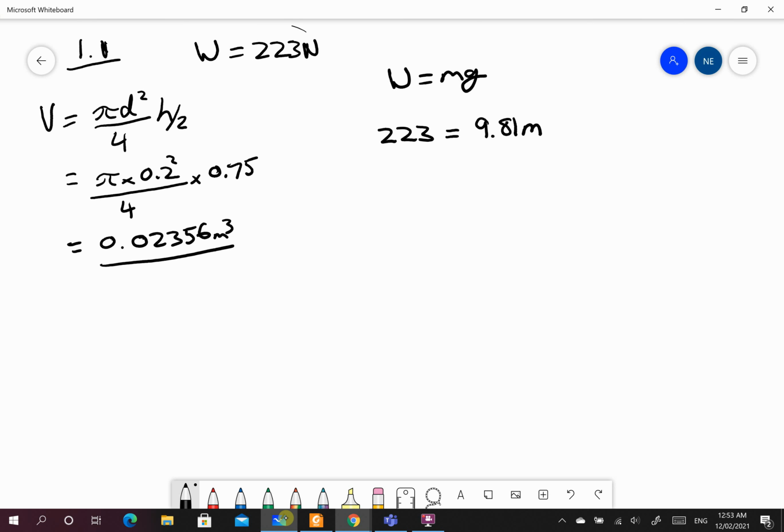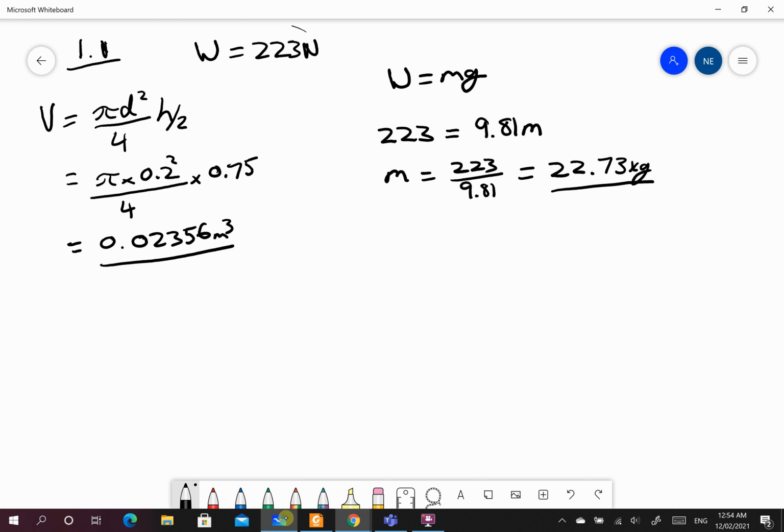Rearrange, so bring this over, and now m is 223 divided by 9.81, and that equals 22.73 kilograms. That's our mass.